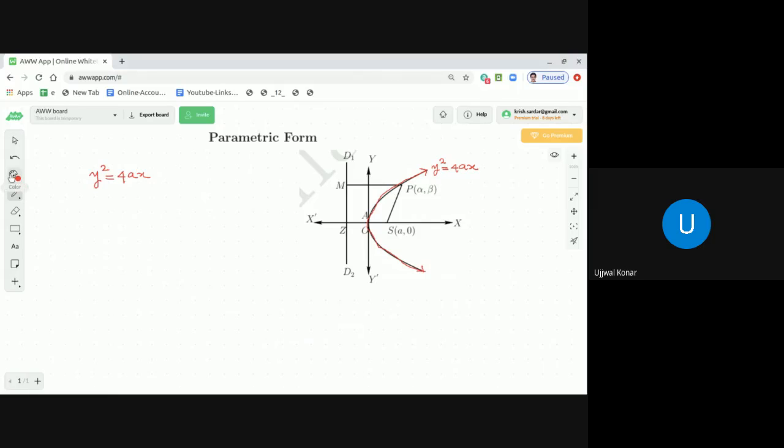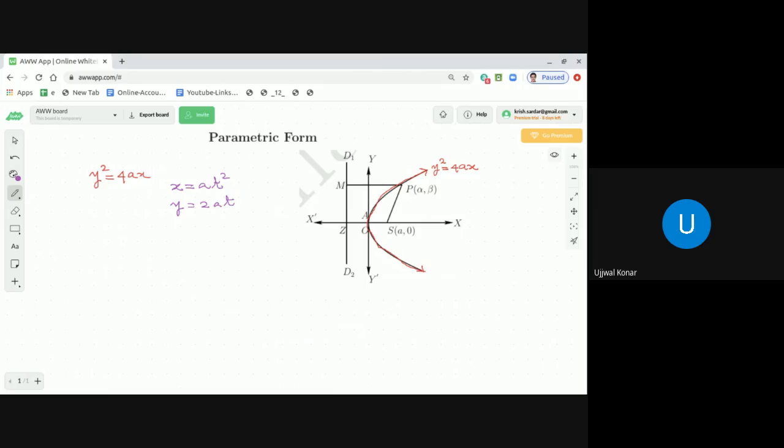So its parametric form, dear students, is that x equal to at square and y is equal to 2at. Here t is a parameter. So with just one parameter, you are able to express both x and y, the two unknowns.